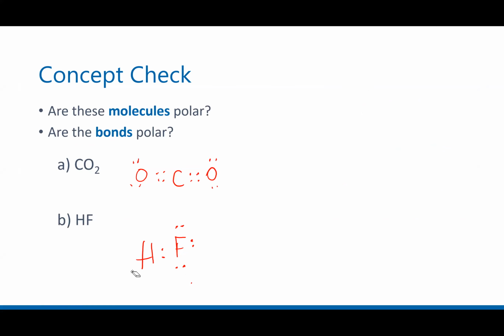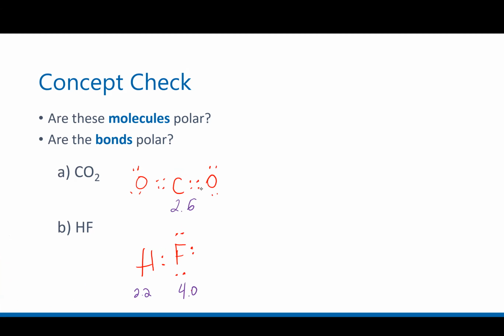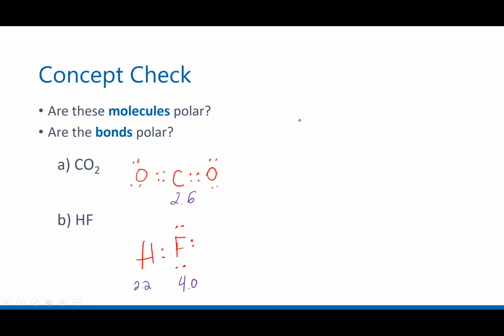Let me double check again. Carbon is 2.6, oxygen was 3.4. Okay, so first things first, we're going to check to see if the bonds are polar.